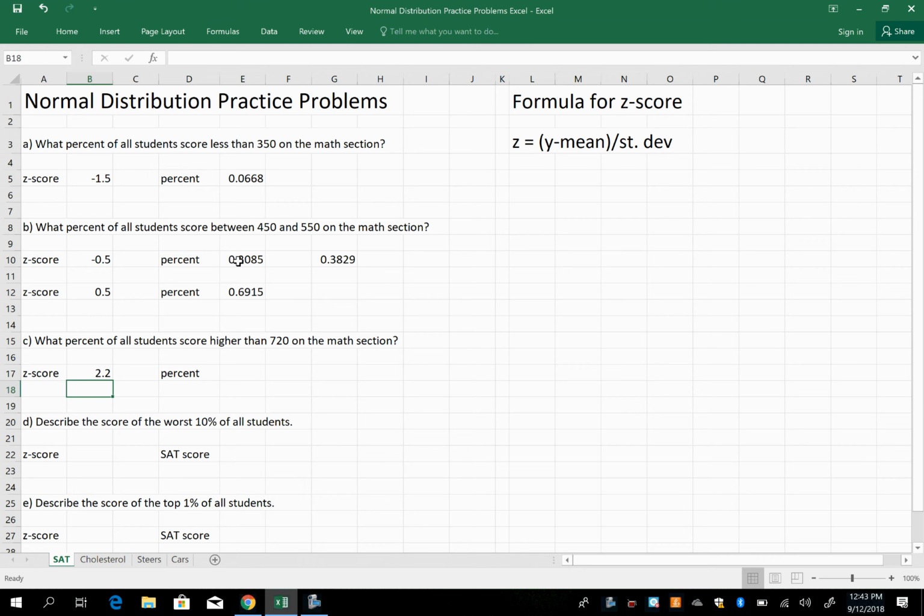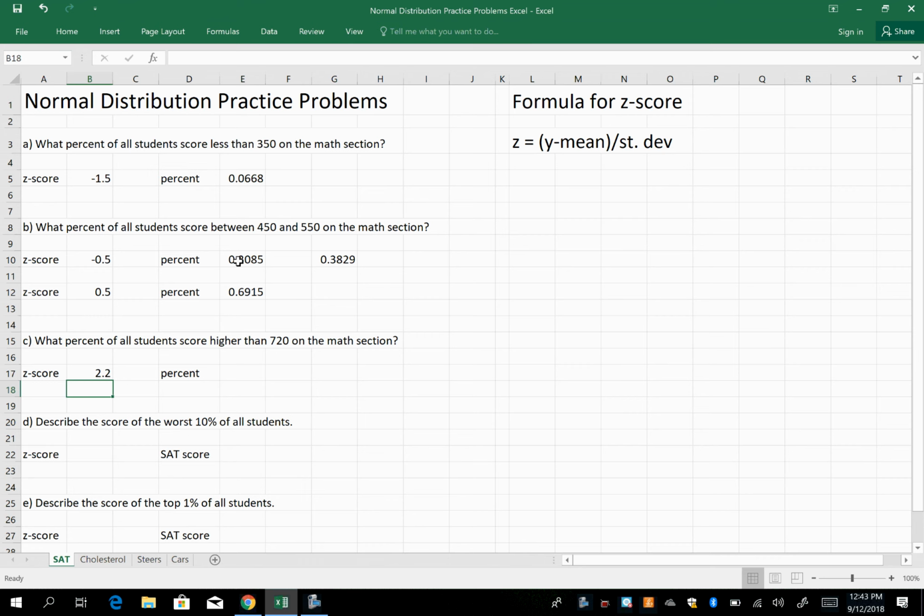All right, let's see if your brain can do this one. Now it says we have a normal model. You'll figure it out. What's the z-score for 720? 2.2. That's way out here, guys.